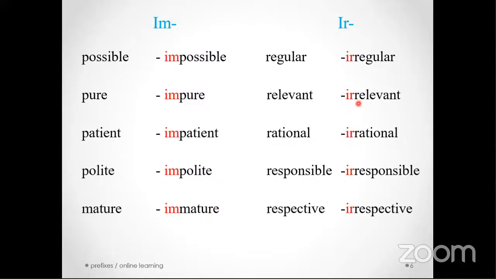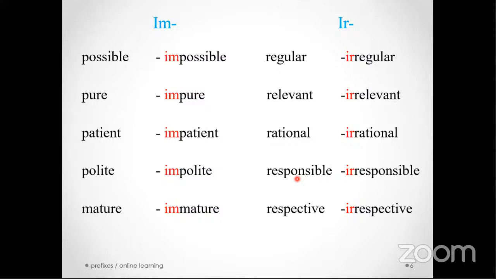Next one, rational, we can place the prefix ir before the word and it becomes irrational. Rational means tarkika, tarkanukula, and the opposite means tarkanukula novana.